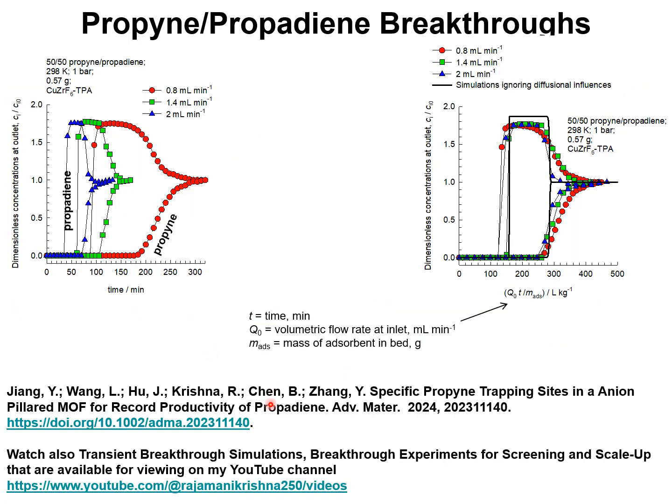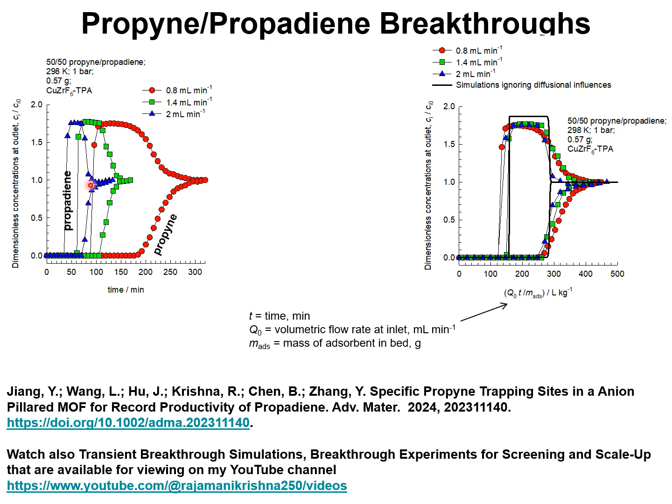In order to demonstrate the efficacy of the developed MOF copper zirconium hexafluoride TPA, breakthrough experimental data are presented in this paper at 3 different flow rates of 0.8 milliliters per minute, red circles, 1.4 milliliters per minute, green squares, 2 milliliters per minute, blue triangles.